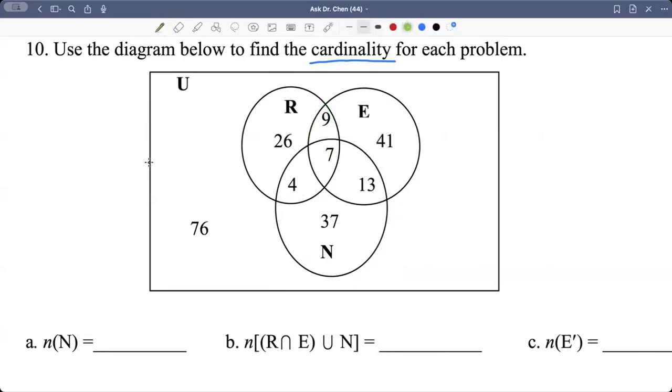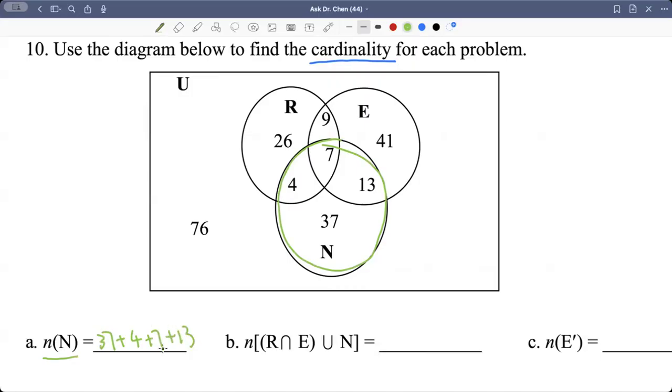Okay, now let's see the cardinality of N. So in N, let's just circle N. How many numbers do we have? We have 37 only in N. Then 4 plus 7 plus 13 in the intersection with others.